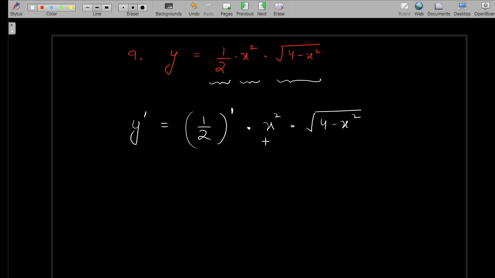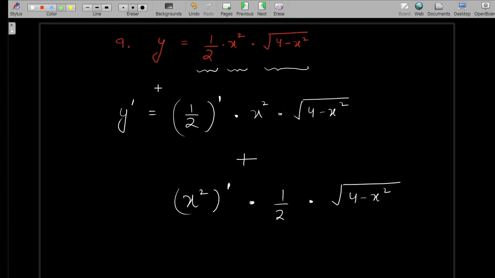And then you have to do this with all the functions. Then you do plus, then you find the derivative of the second function, so derivative of x square, and you keep the other functions as they are. So times 1/2 times square root of 4 minus x square.